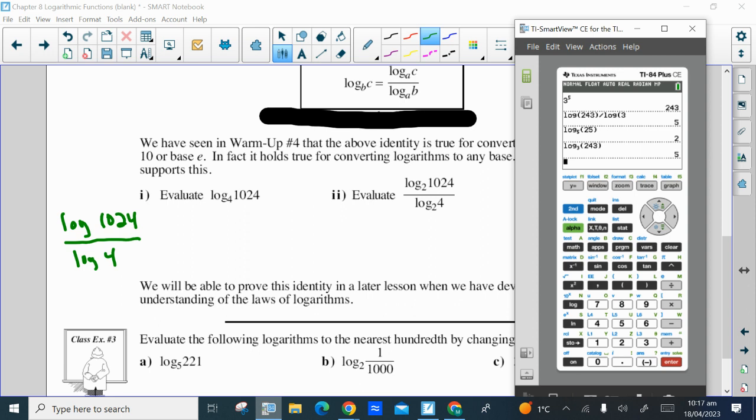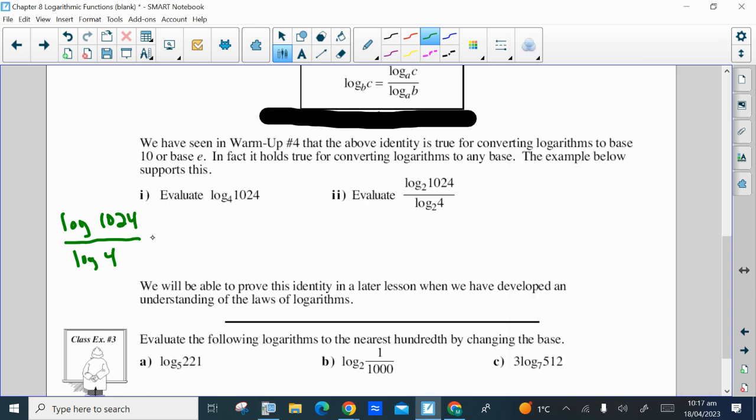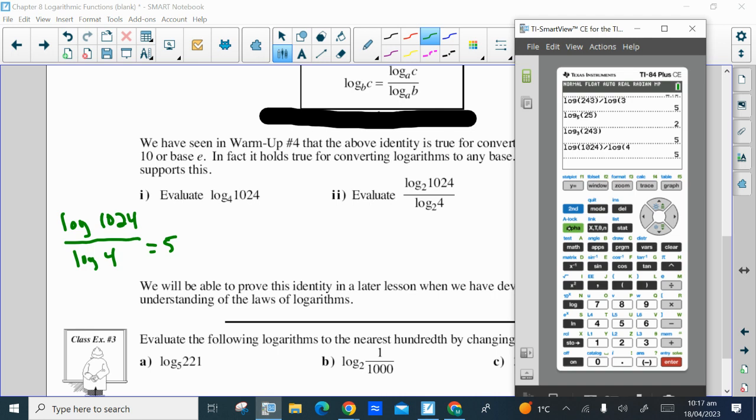So doing the change of base identity, it's a log of 1024, close the bracket, divided by the log of 4. And you get an answer of 5. If you have the newer operating system, alpha window, number 5 for log, put the base of 4 in there, use the arrow to go over to the argument, and that's where the 1024 goes, and you get the same answer of 5.